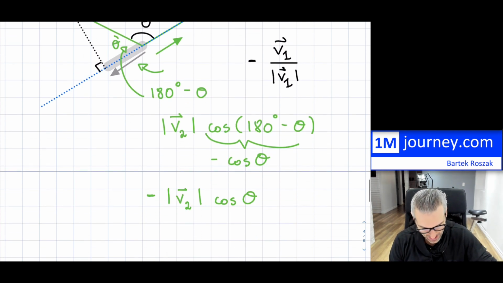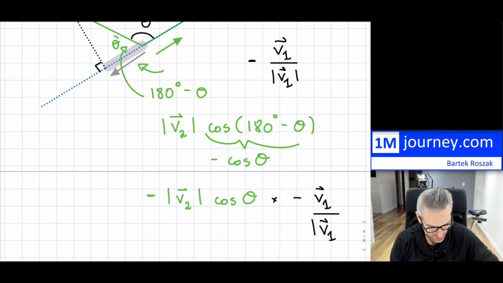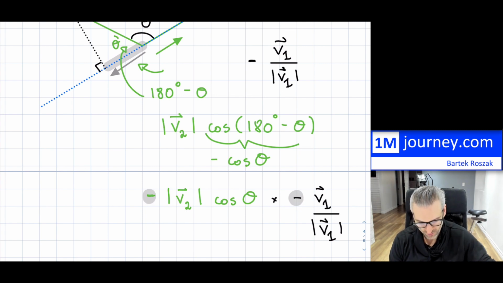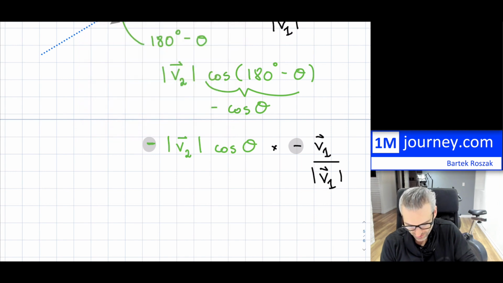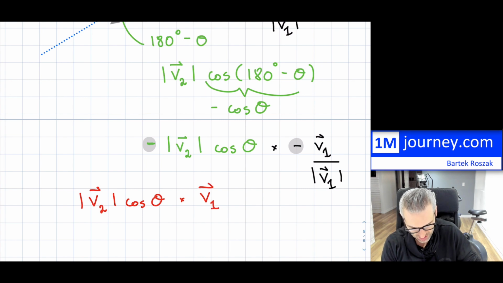And if you now multiply this by the negative of V1 divided by the magnitude of V1, what you will find is that the negative and the negative cancel, and you're back to exactly the same thing. Which means that even if the angle is different, you are still dealing with the same projection, the same shadow calculation that you would have.